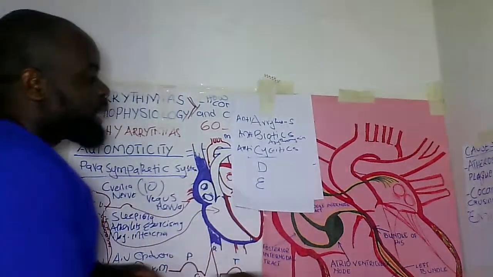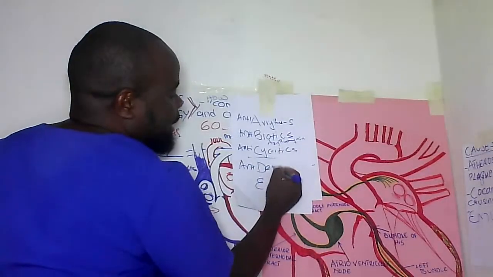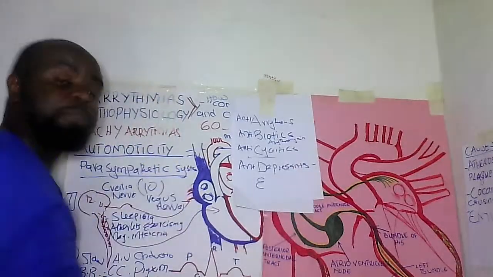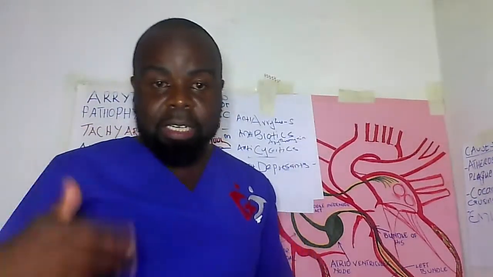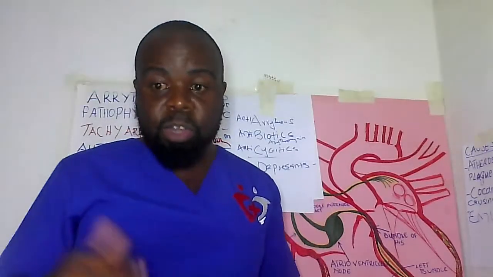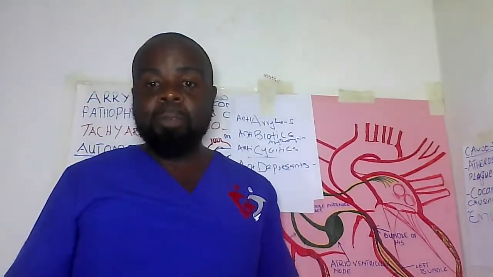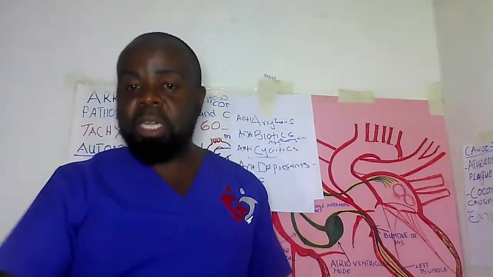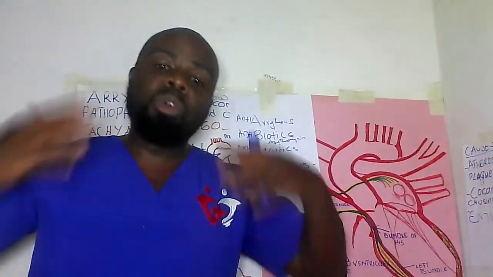So we continue with the list, antidepressants. Antidepressants are those drugs that make your heart beat faster when you take them at times. And then the last one, E. When you feel like vomiting, you take a drug so that it can make the nausea go away.